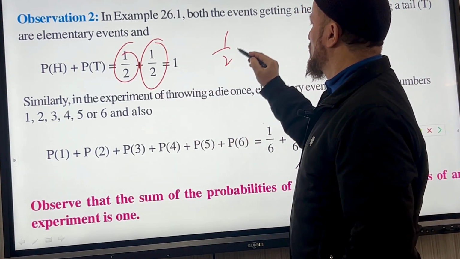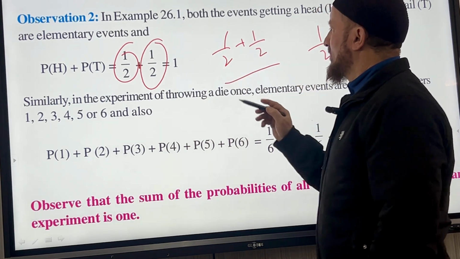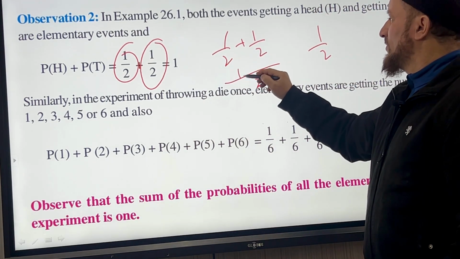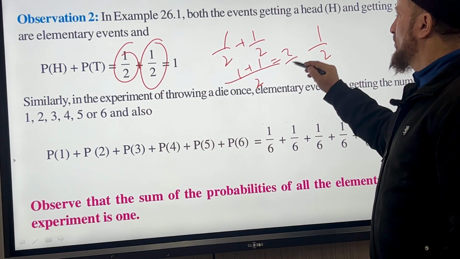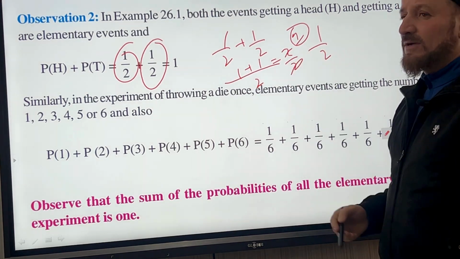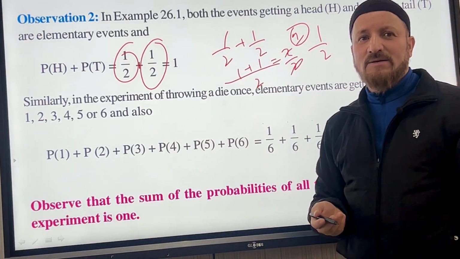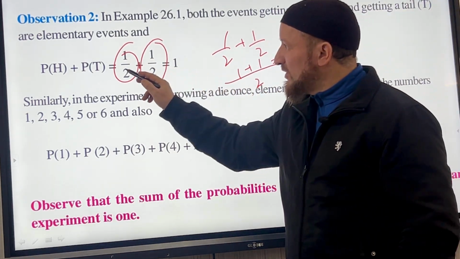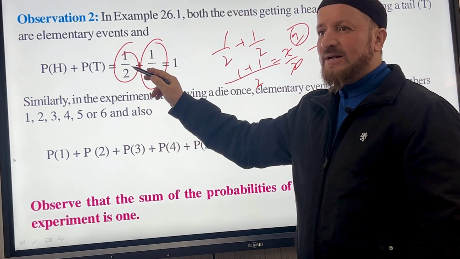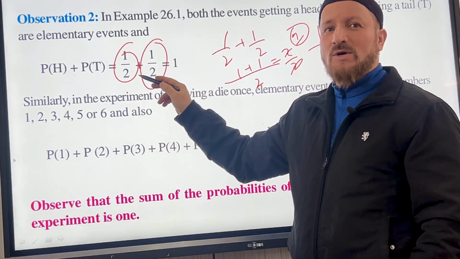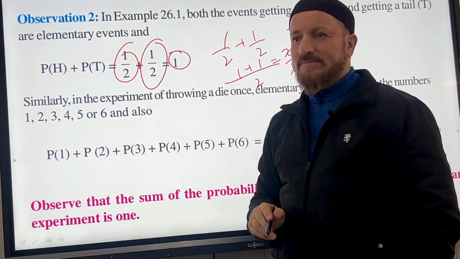You add 1 by 2 plus 1 by 2, so 1 plus 1, that is 2 by 2. That's called 1. आधा प्लस आधा एक होता है ना, तो सीधी सी बात है, एलसीएम भी कर लो तो 1 ही निकलेगा. So इंडिविजुअल जो आपके elementary events हैं, उनको भी अगर आप सम करोगे, overall it has to be 1.